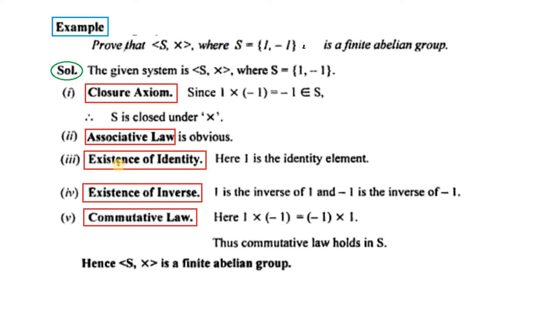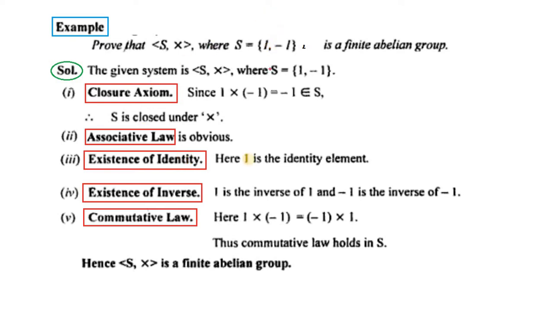Now we see existence of identity. Identity is an element which, when combined with any other element of the given set, gives those elements again, that is, it leaves the element unchanged.